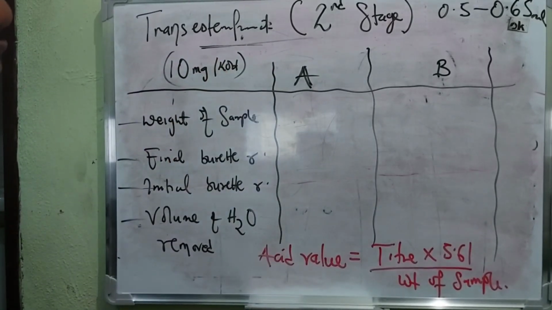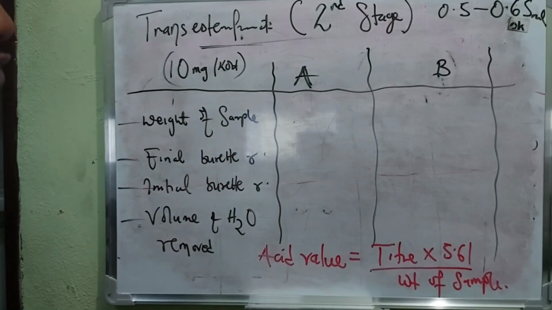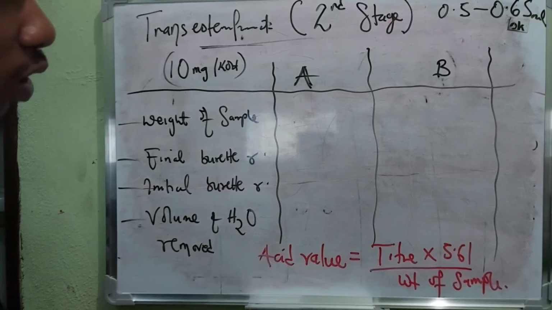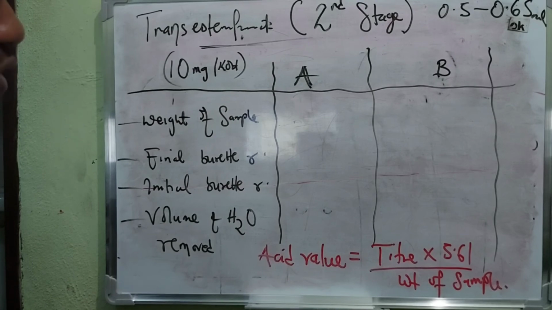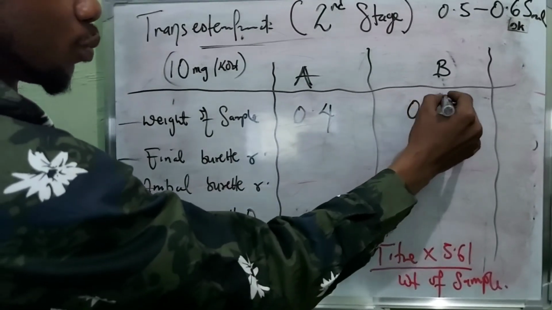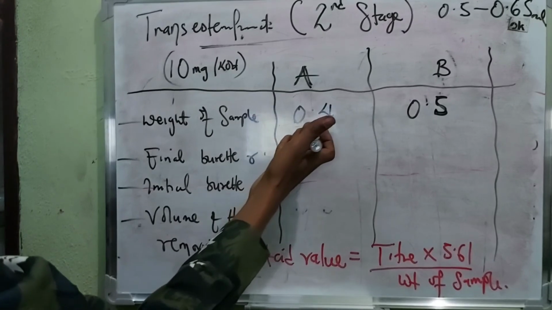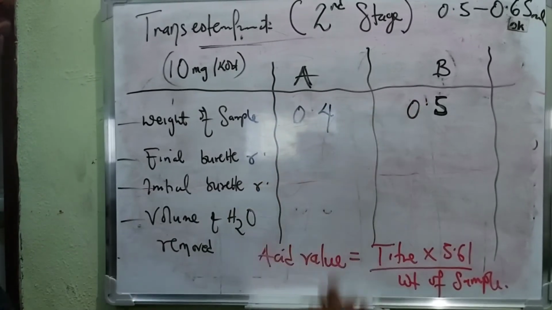Remember, you are running a titration of your aliquot against potassium hydroxide using phenolphthalein indicator. Just as I've explained before, weigh the amounts, dissolve in the toluene-ethanol mixture, then titrate it. The weight of the sample, assuming you weighed 0.4 or 0.5, should lie in that range. You collect the aliquots, 0.4 to 0.5.